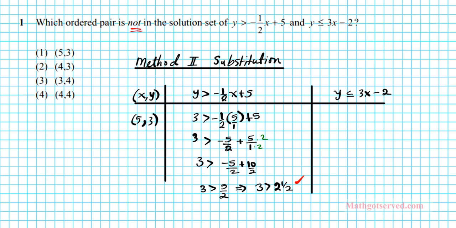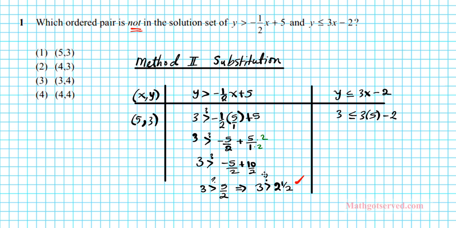What do we do now? We have to test the second one also because it must satisfy both. So for the second one, we plug in y. Remember, y is 3. Is 3 less than or equal to 3 times 5 minus 2? We need to put question marks here because we don't know yet until the end.